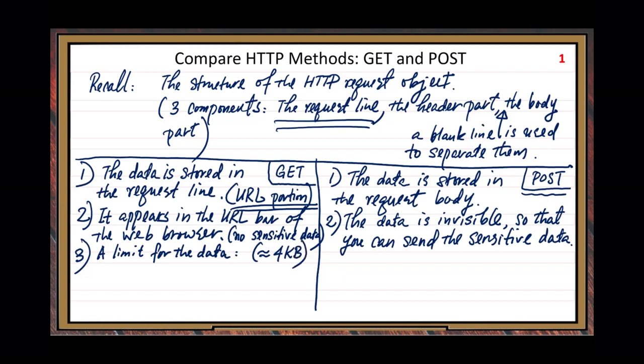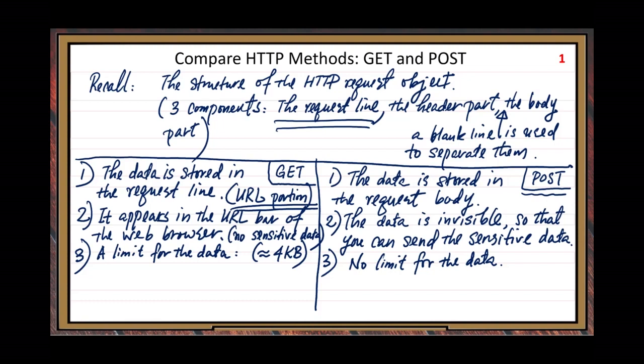Because in post you send data in the request body, there is no limit for the data to be sent. So if you want to send a large amount of data from client to server, you should use the post method, not the get method.